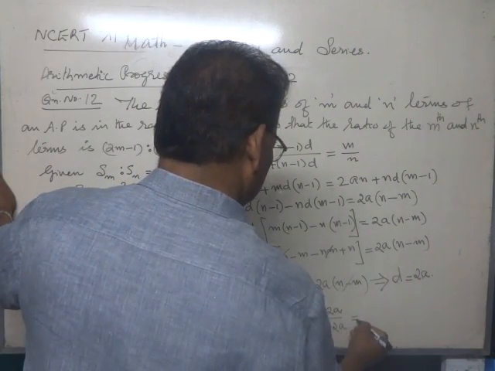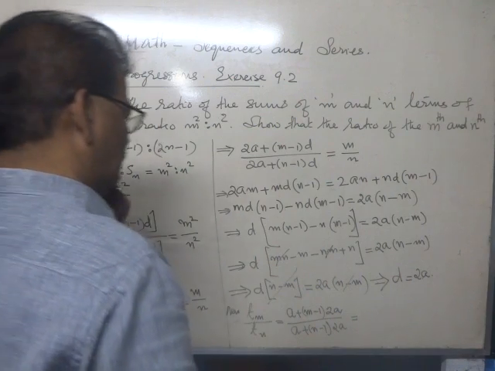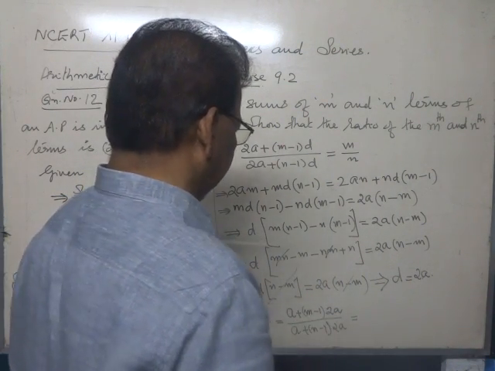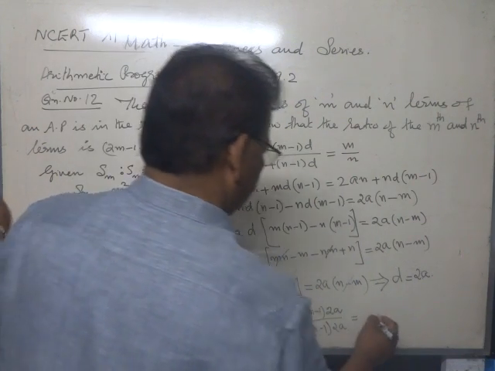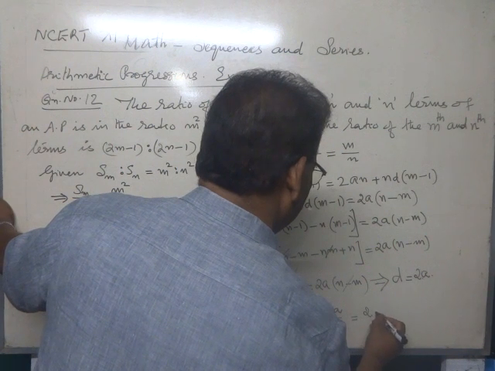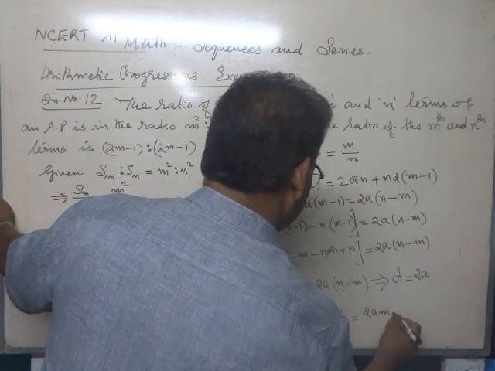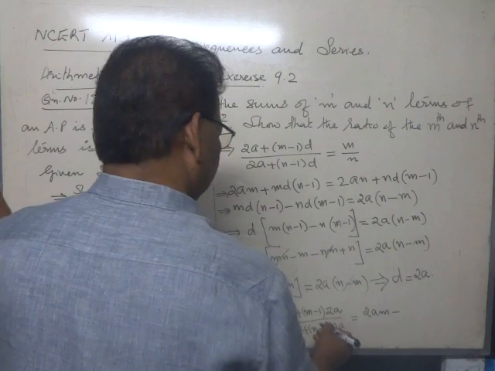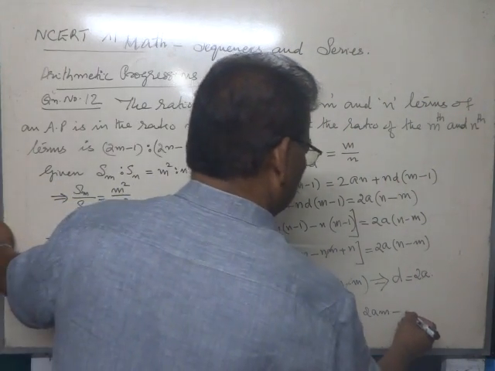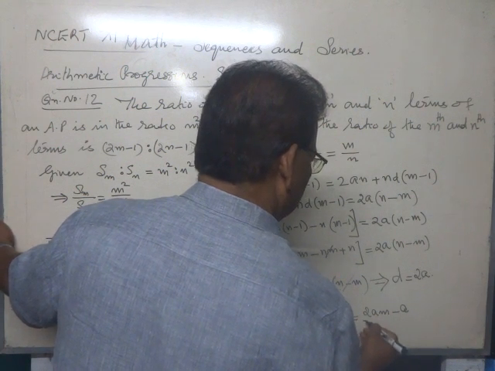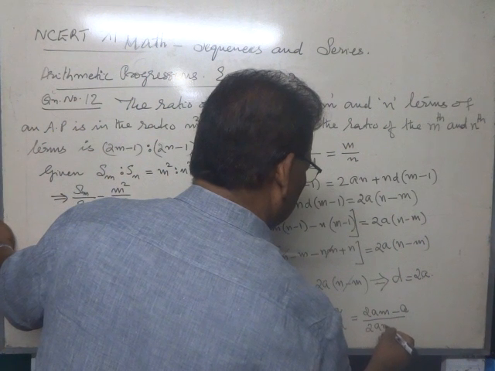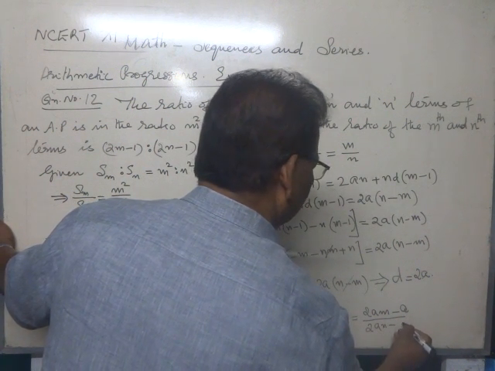That is equal to a plus 2am minus 2a, that is 2am minus a, divided by 2an minus a.